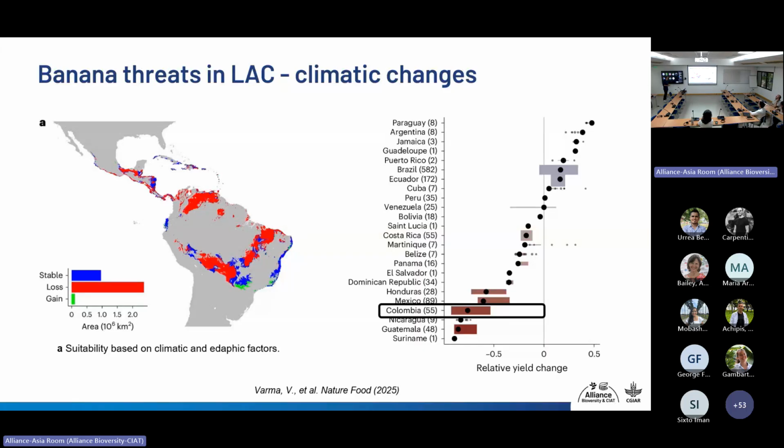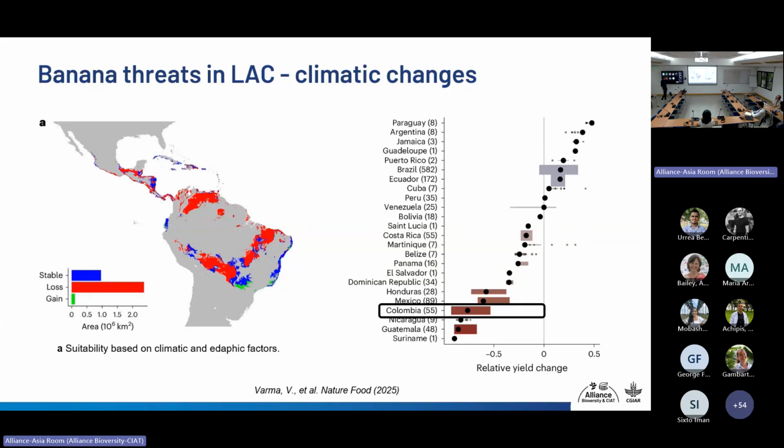Also, this very recent article, published in 2025 in Nature Food, is about the prediction of climatic changes. Looking at the increase of temperature, the soil, and the existing demographic population in Latin America, they could predict that there will be a lot of areas with a loss of suitability for the cultivation of banana.